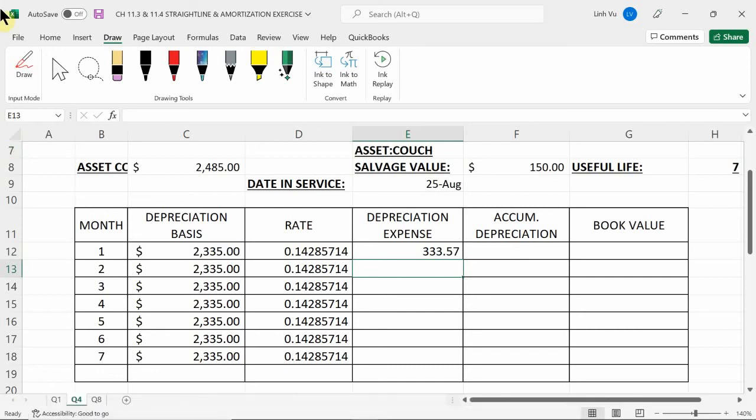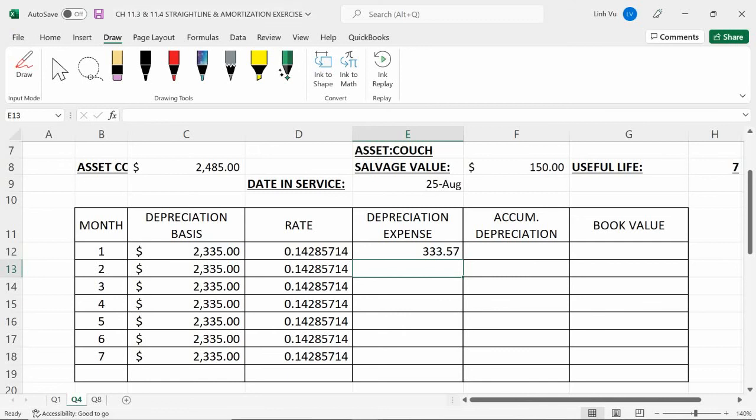I don't know what you and I just did, but anyways, it's not 16. It's $333. Did you multiply or divide? I divided. Okay, so go ahead and recalculate then. $2,335 times the rate equals 330.